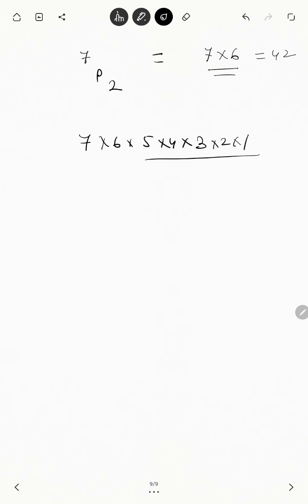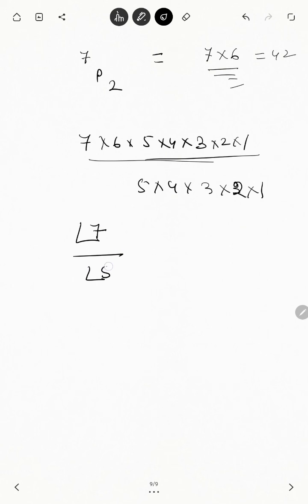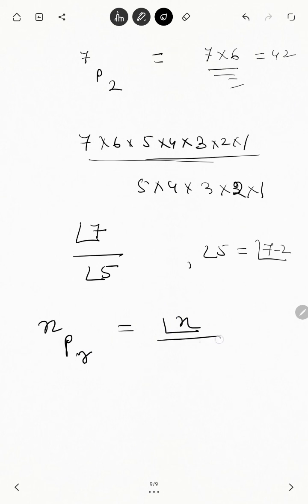But this much we don't have, so we manipulate it and divide by 5 factorial. So this is factorial 7 upon factorial 5, and factorial 5 is factorial 7 minus 2. So we have formulated it: in general, total objects n, taking r at a time, factorial n upon factorial n minus r.